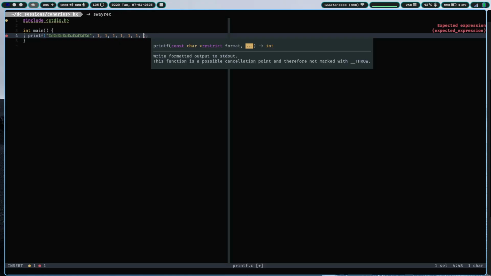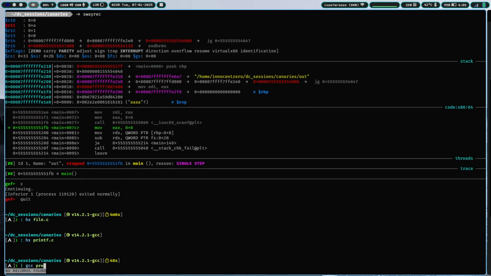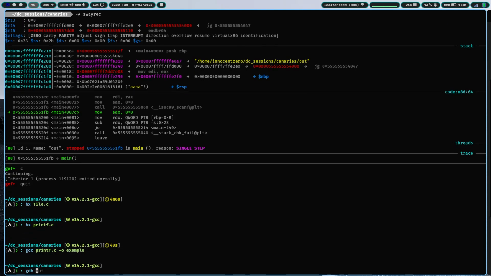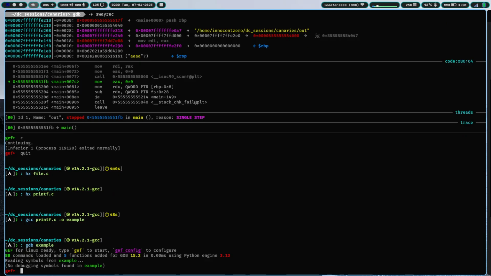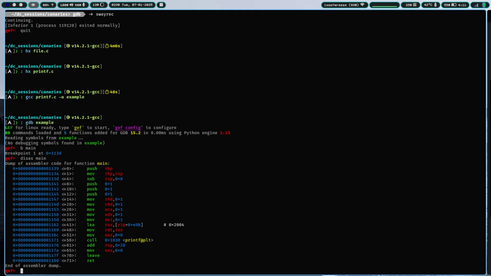Yeah, I think these should cover all the registers. So I think we can clearly see, first of all, in case of printf, RDI carries the format string.